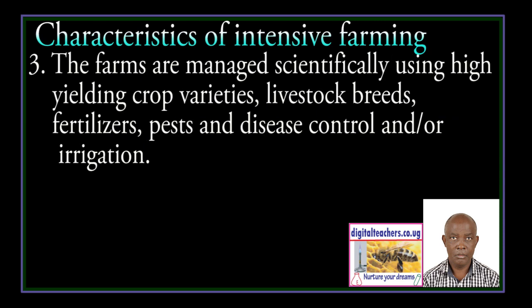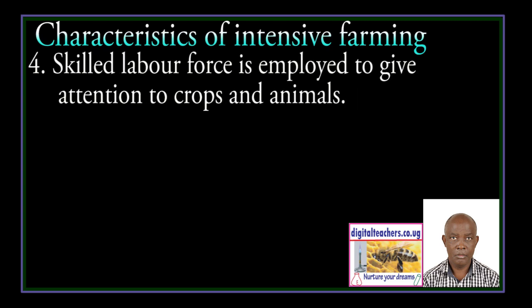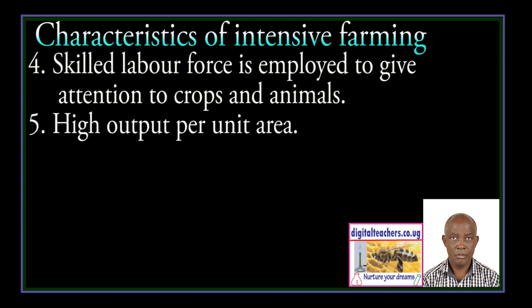Farms are managed scientifically using high-yielding crop varieties, livestock breeds, fertilizers, pests and disease control, and or irrigation. Skilled labor force is employed to give attention to crops and animals. High output per unit area.